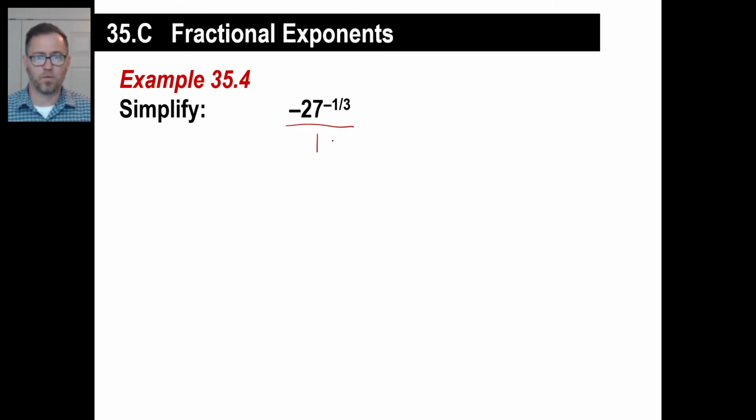Knock this thing over 1 immediately, okay? Next thing you're going to do is just flip it. Yoink, down there. You got to have a 1, but don't forget, keep that sign, -27, only change the 1/3 to a +1/3, okay? Now let's change this into not a fractional exponent, but let's change it into a root.